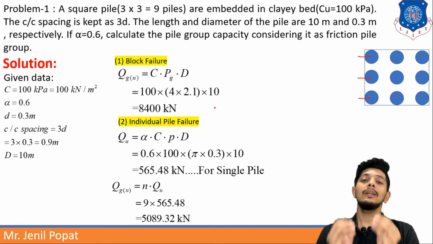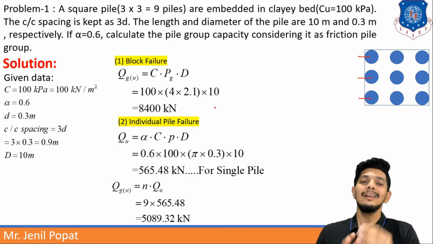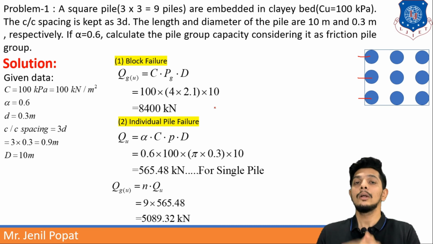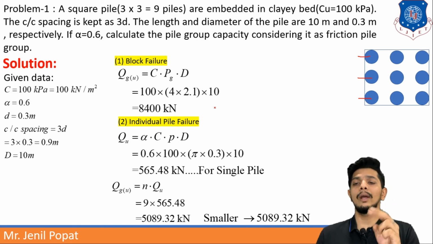But when you design in the field, you should take the lesser value of the two to be on the safe side. So I will take the total capacity of these 9 piles as the smaller of these two values, which is 5089.32 kilonewtons. So that's it for this problem.